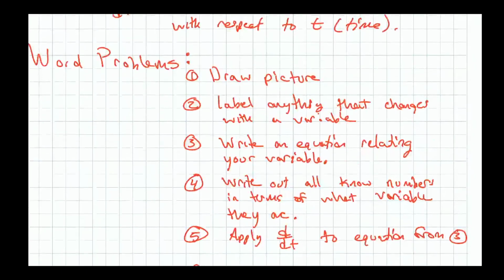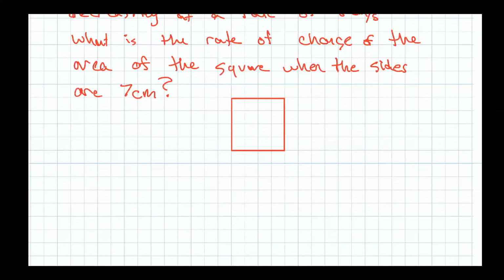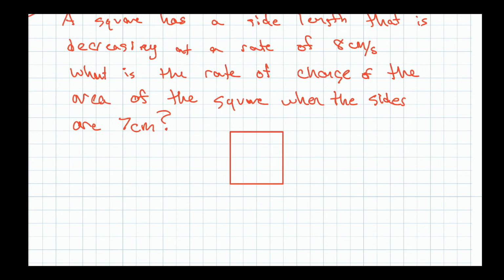What's next? Label anything that changes with a variable. So what's changing? They say a square has a side length that is decreasing. So the side lengths are decreasing, and I need to label it with a variable. The easiest variable to use is just x. It's x by x, and I know it's the same because it's a square, which has the same length and width.